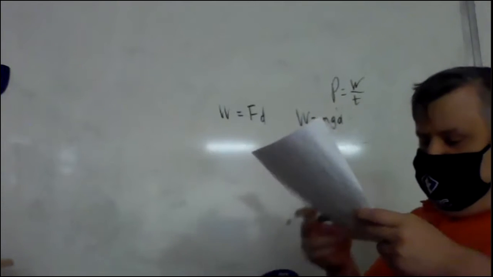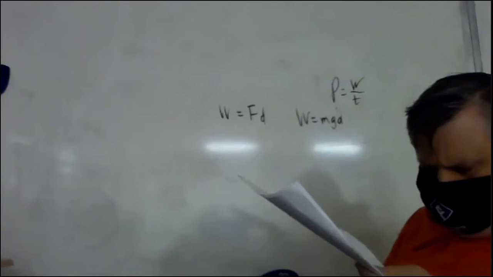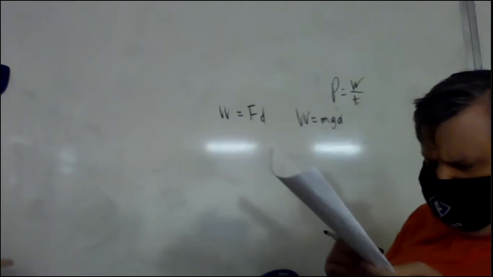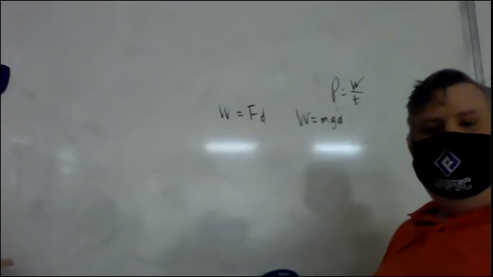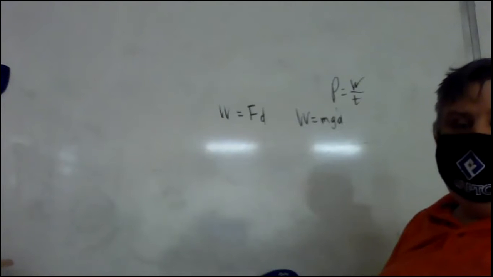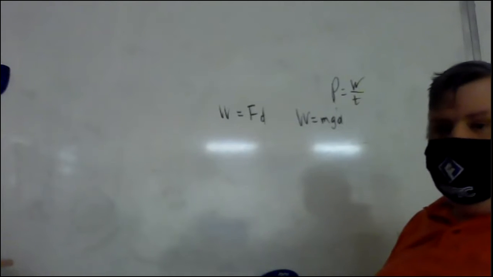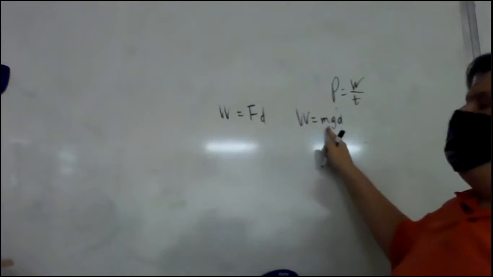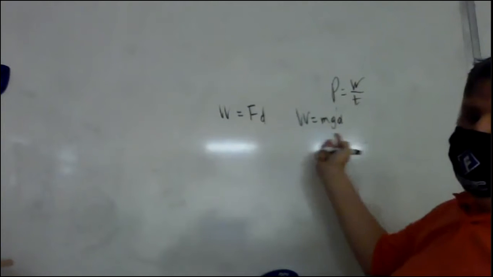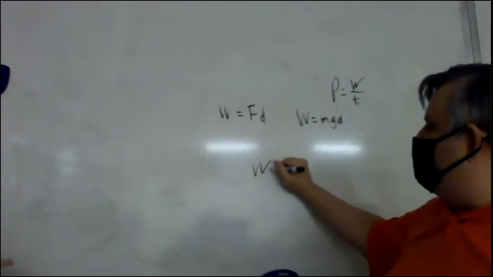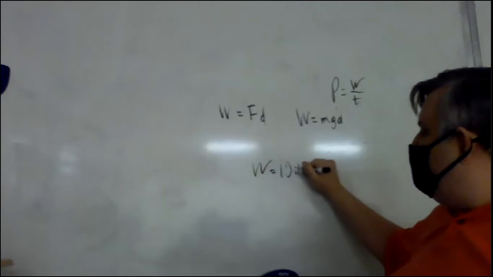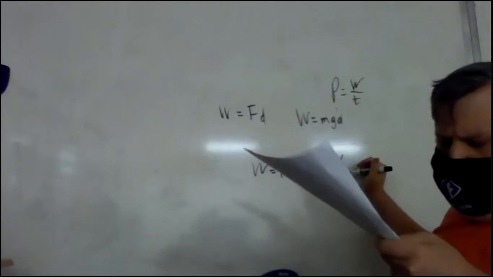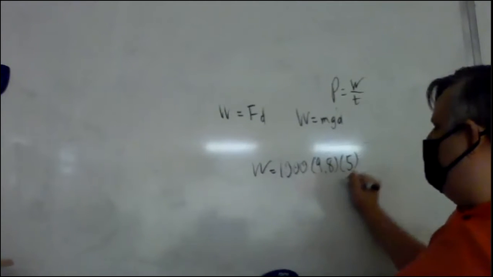Finally, number 29. You lift a 1,000 kilogram object a distance of 5 meters in 10 seconds. So it has the same numbers as the previous question. The difference is that the value it gives you is not a force, it's a mass. So we're going to be using this formula here to figure out work. Work is equal to a mass of 1,000 times gravity, which is 9.8, times the distance, which is 5.